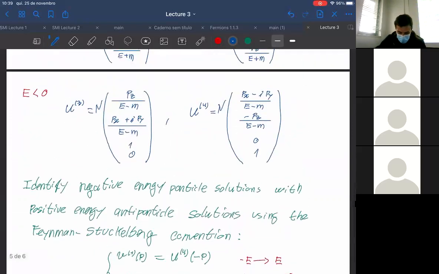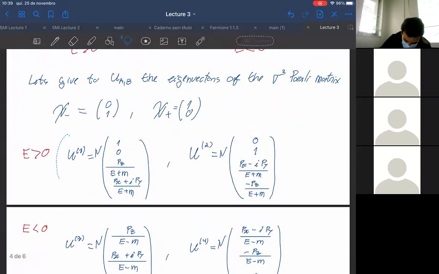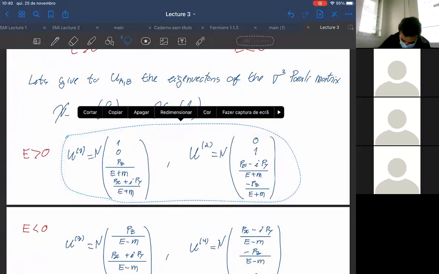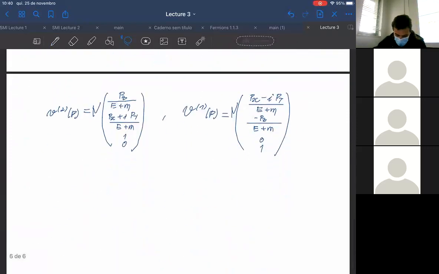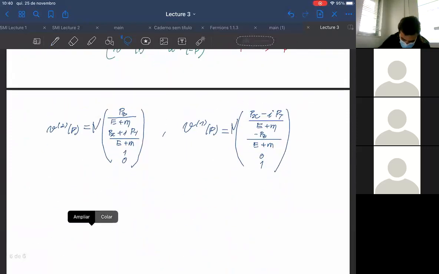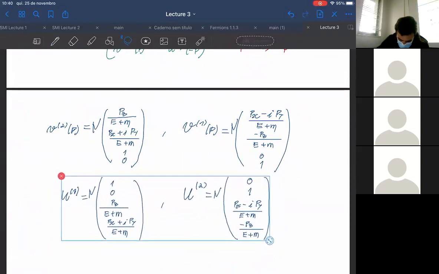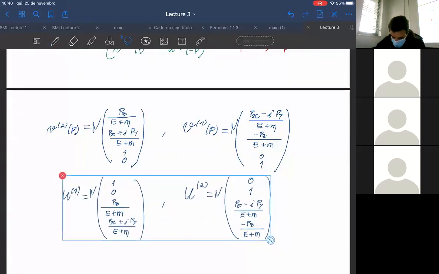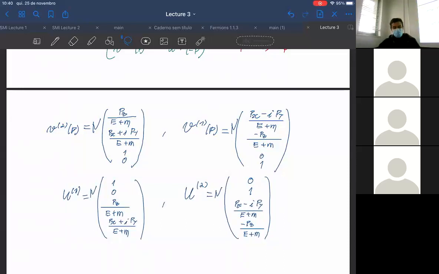Let me copy and paste the first two solutions just for comparison purposes. You look into the p's and E's, and they look similar when we are talking about the same spin.